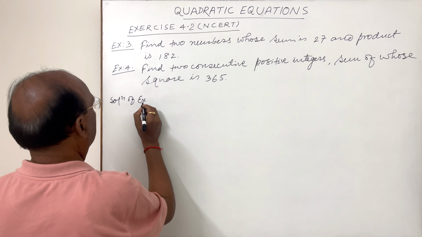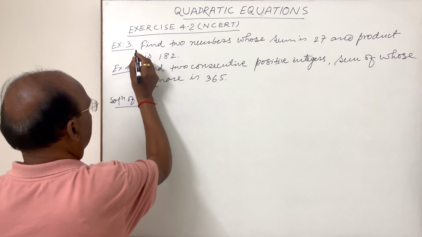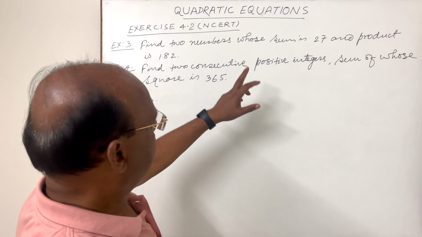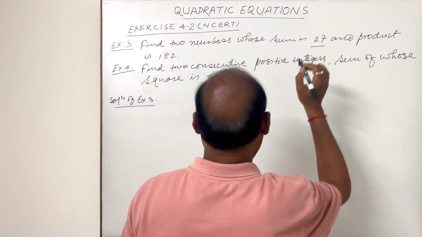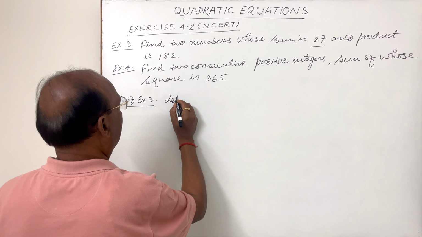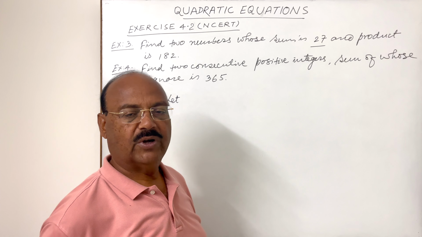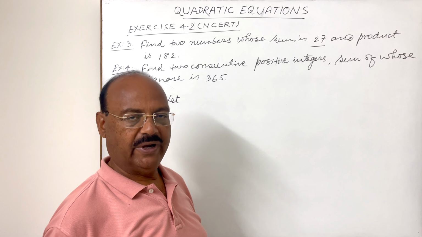Solution of exercise, means question number 3. Here the sum of two numbers is 27. So if one number is x, another number will definitely be 27 minus x.